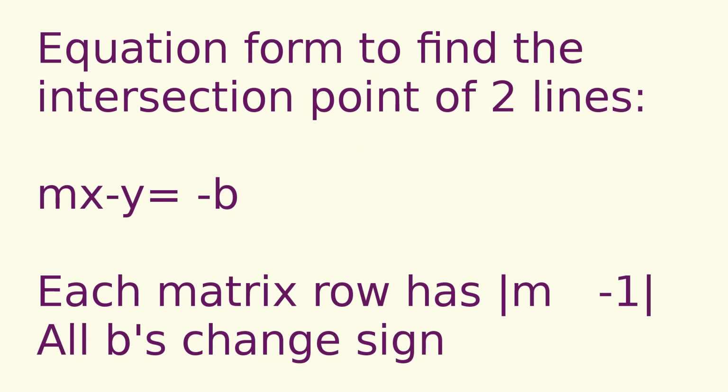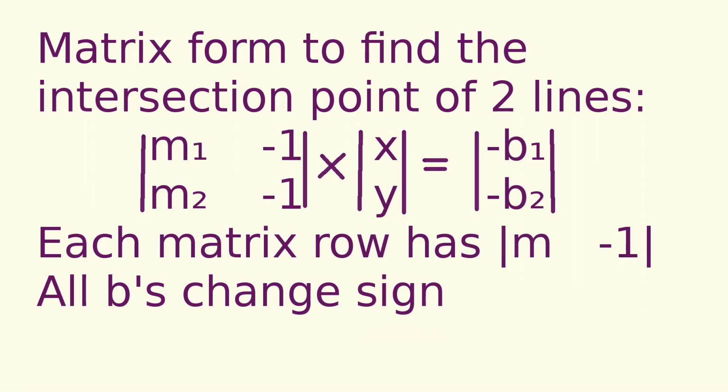To get the intersection of 2 lines, the equation is mx minus y equals minus b. The square matrix has rows m and minus 1 for each line. The column has the values of minus b.